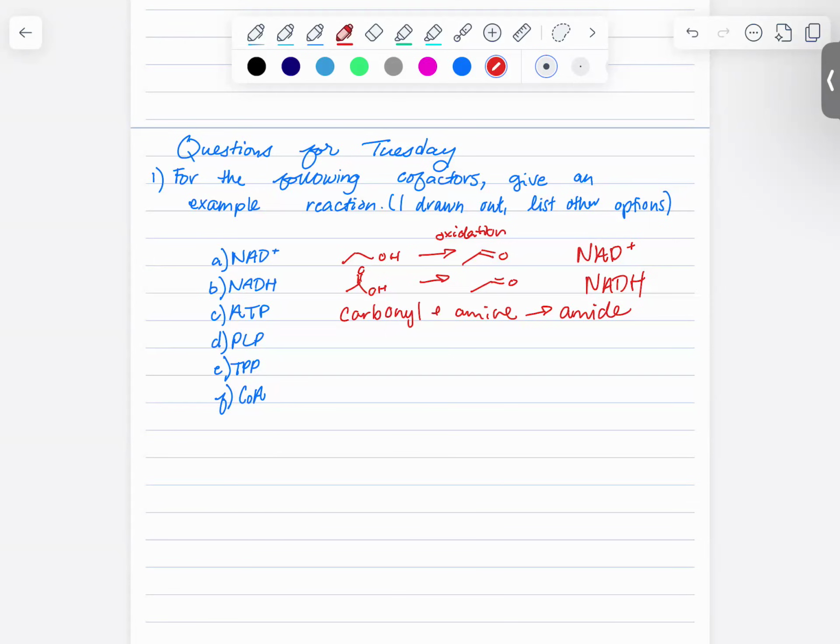PLP, what kind of reactions can we look at with PLP? We have a very specific starting material for our PLP reactions: amino acids.